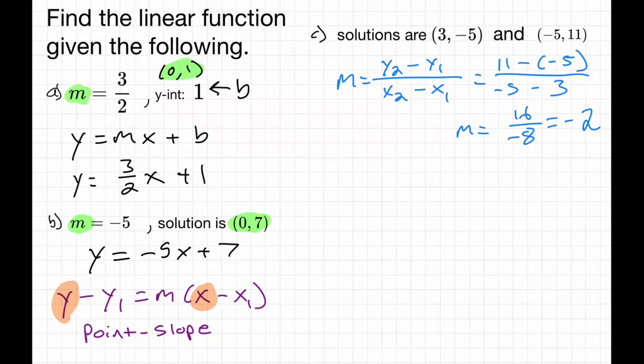I mean, no, but I can use point slope form, right? Now, there are different ways to do this. As long as you remember y equals mx plus b, you can plug in and solve for b, right? I personally like point slope form, because that means you already have the information all there, ready to go. So this would be y minus -5 equal to -2 times x minus 3. I plugged in the slope and I plugged in my first point.